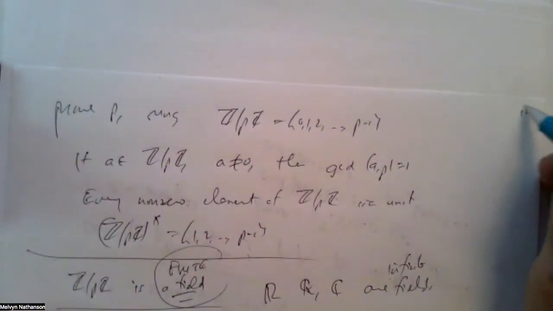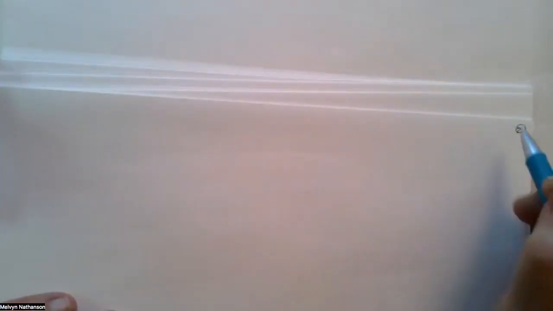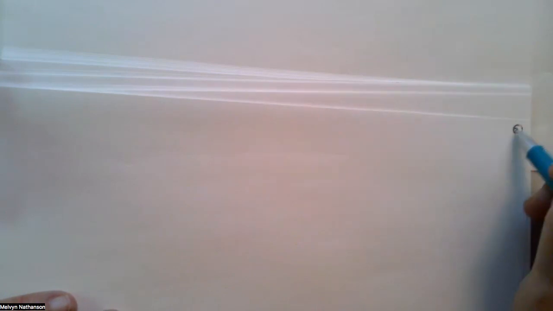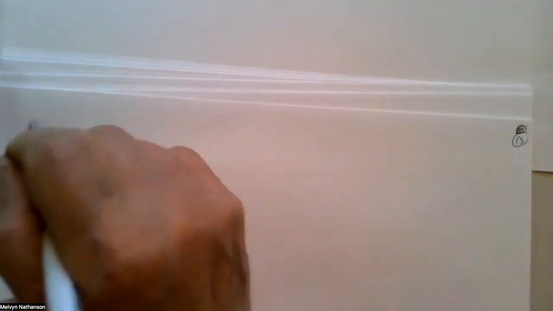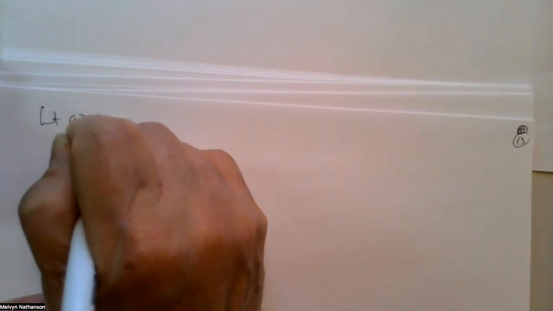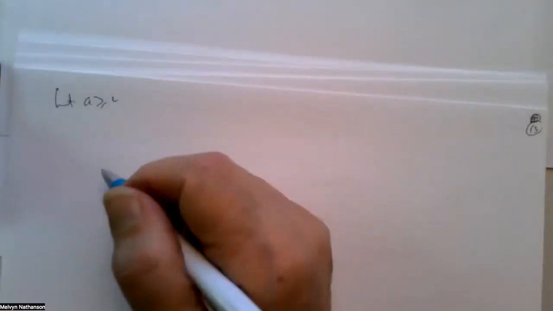So how do you prove the fundamental theorem of arithmetic? We want to prove every number is a product of primes and in a unique way. Suppose we let A be greater than or equal to 2. What are the numbers?